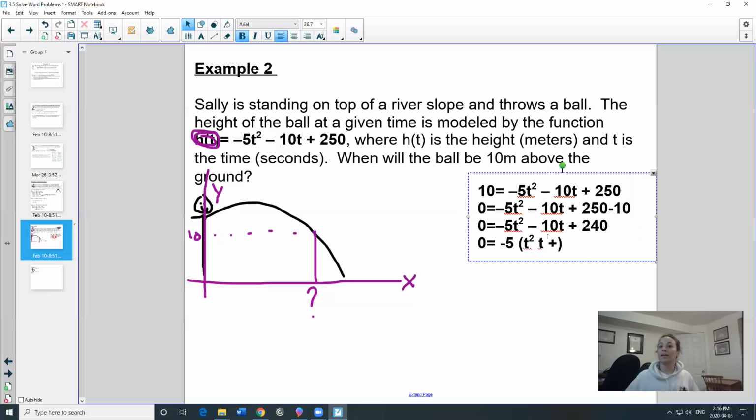If I factor out a -5 from -10t, I should end up with +2t. And if I factor out a -5 from -240, I should end up with -48.